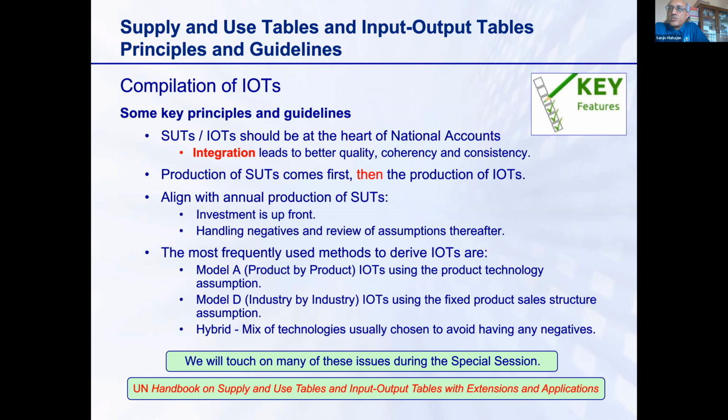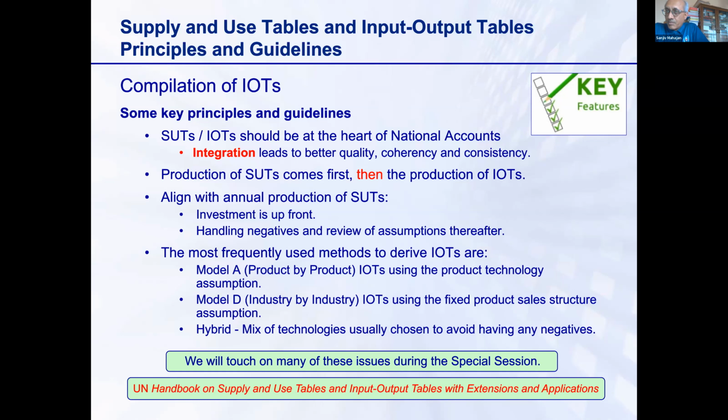I think when you do the supply and use tables annually, to produce input-output tables, the investment is up front, whether it's the systems, whether it's the technology assumptions, which models you pursue, etc. Annually, thereafter, it is handling the negatives and a brief review of the assumptions. I think maybe I'm making it sound a little easier, but I think it's very important to note that there's a delineation between that upfront investment versus what you need to do annually.